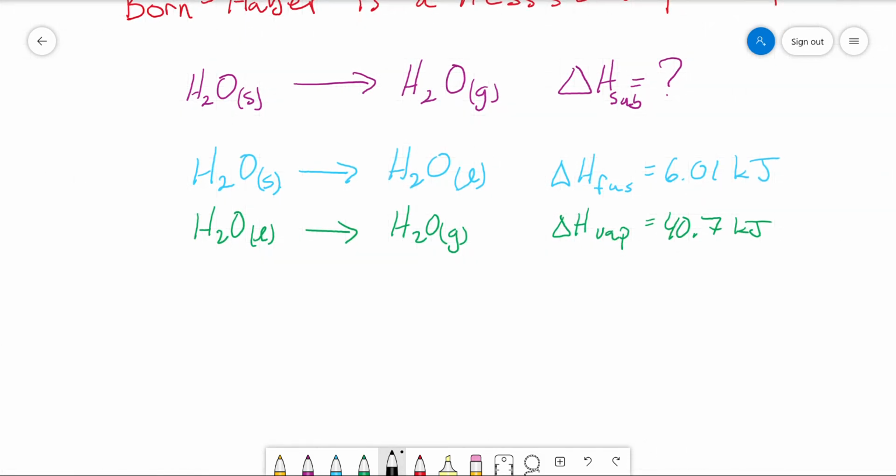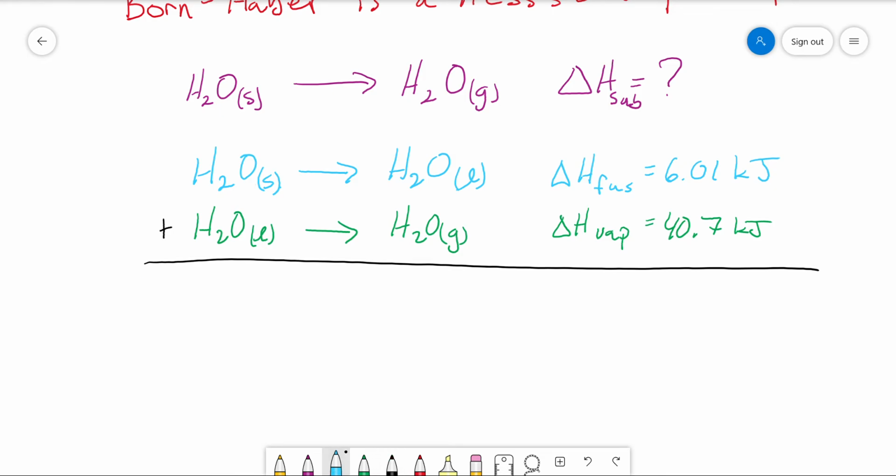I can add them like I was in algebra class. And you can do this with an infinite number of equations, essentially. And that obviously wouldn't be much fun, but you can use lots of equations to do this. So we get H2O solid plus H2O liquid, and we're just keeping everything on the same side of the arrow.